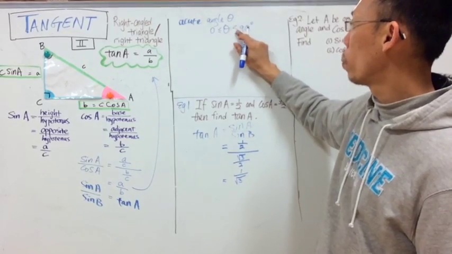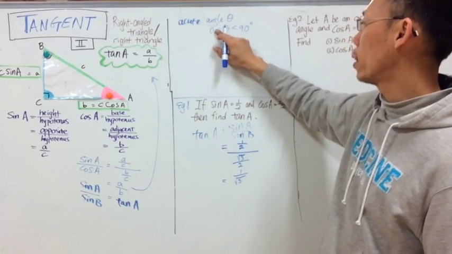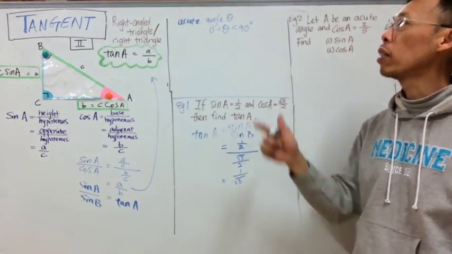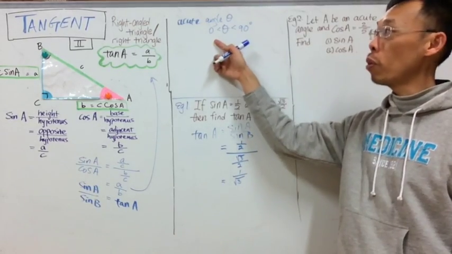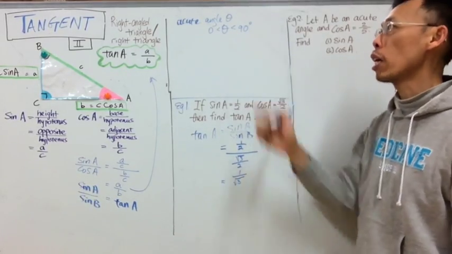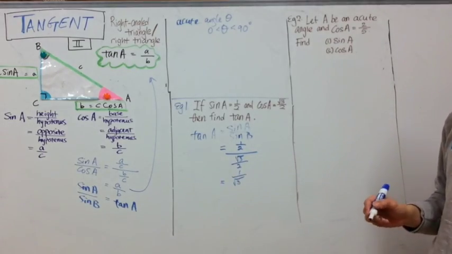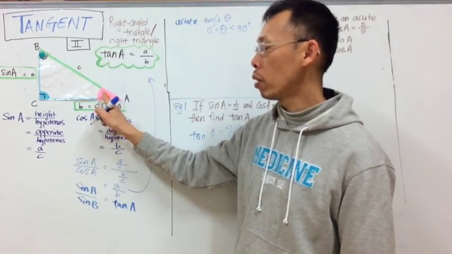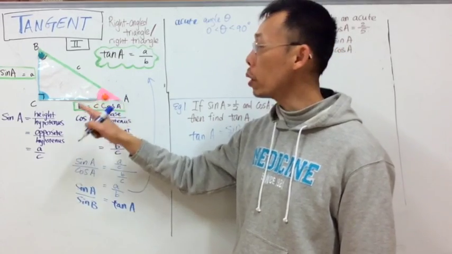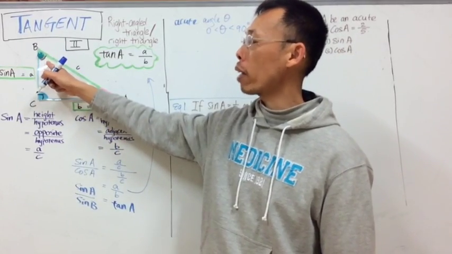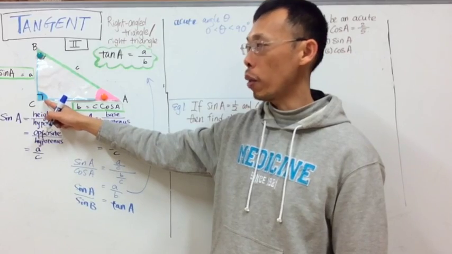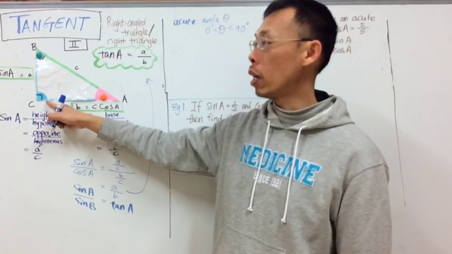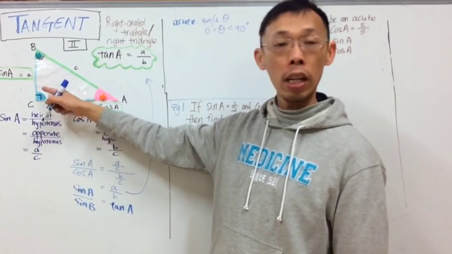It's not 0 and it's not 90 degrees. So for example, this is an acute angle because it's between 0 and 90 degrees, and this one is also an acute angle. 90 degrees is not an acute angle.